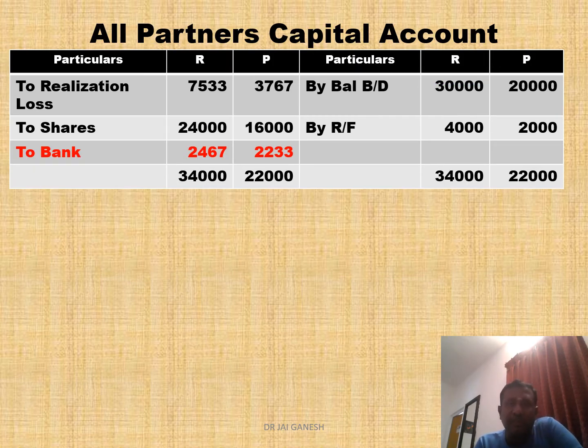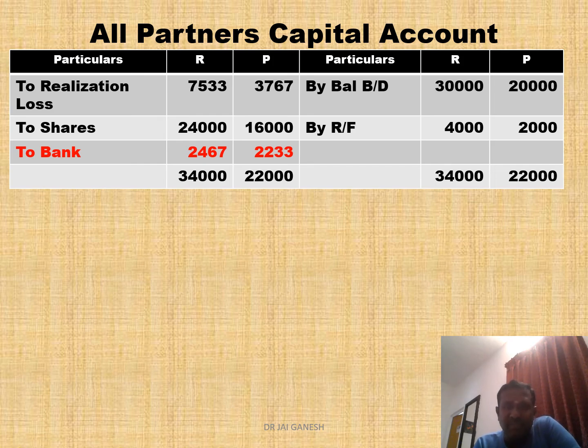Next we need to prepare the capital account. Bring the capital balance of the partners from the balance sheet, 30,000 and 20,000. Distribute the reserve fund given in the balance sheet to the partners in profit sharing ratio.